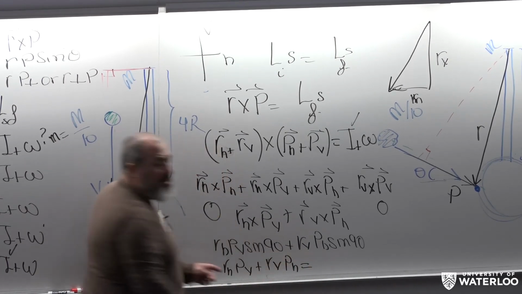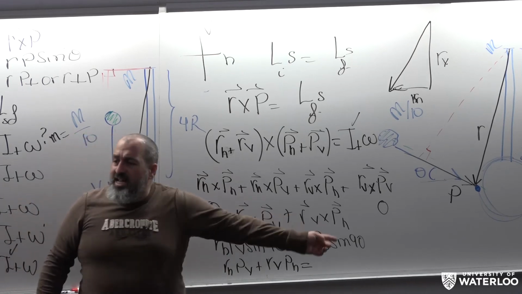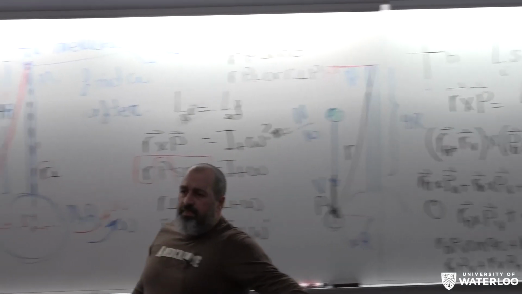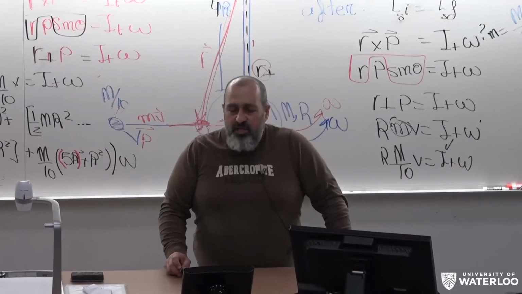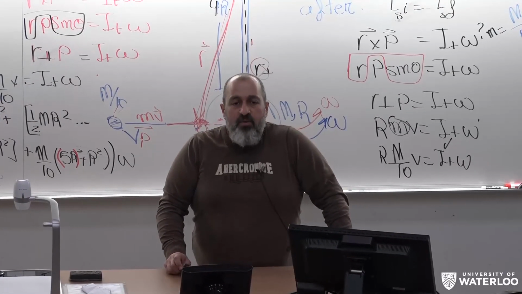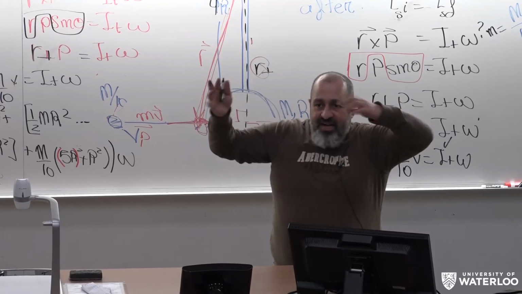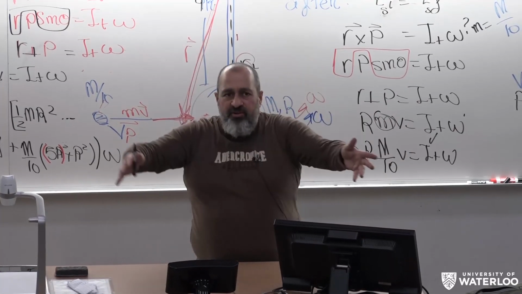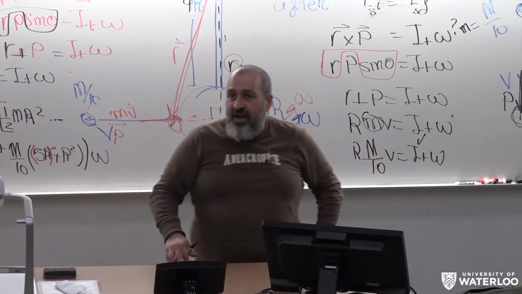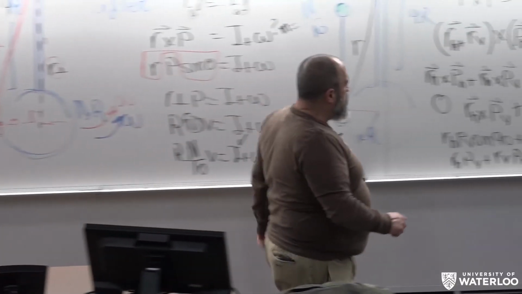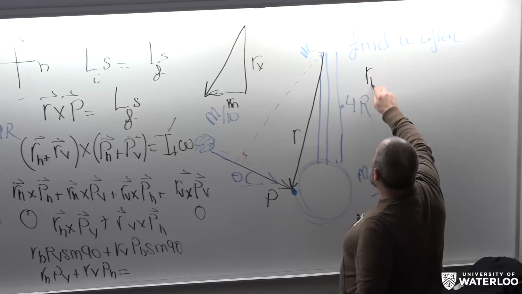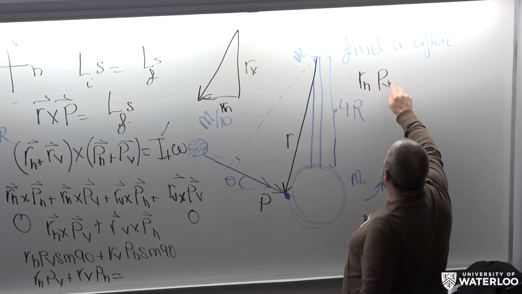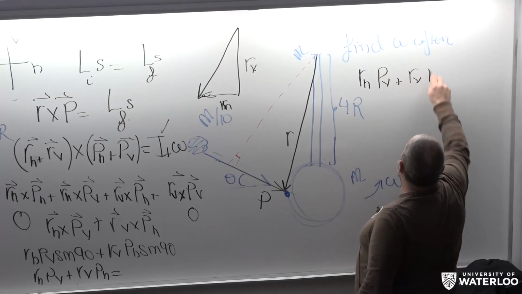The trick now is no longer calculating moment of inertia. We have that. It's the same for all three. The trick is to figure out the angular momentum without having to do angles and God knows what. You spot perpendiculars, which is very important for you guys, and you're home free. So that becomes R horizontal P vertical plus R vertical P horizontal.